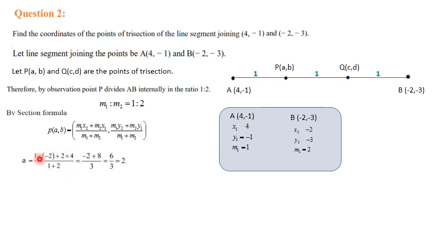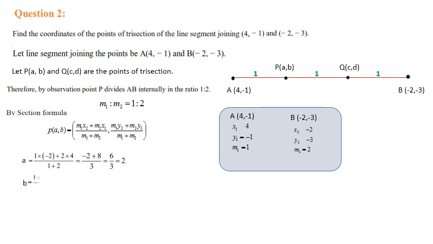Calculation part: 1 into -2 is -2, 2 into 4 is 8, divided by 1 plus 2, that is 3. So -2 plus 8 is 6, divided by 3. 6 divided by 3 is equal to 2. The x coordinate of P of AB that we have got is 2.